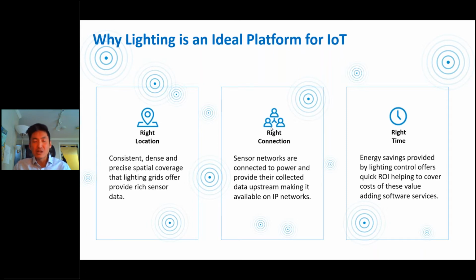So those things are already in place, right? You need to have those sensors and lighting in place anyway. The sensors are mandated by code, right? Lighting is required for us to perform our functions. And so it makes sense for us to take advantage of what is already there.